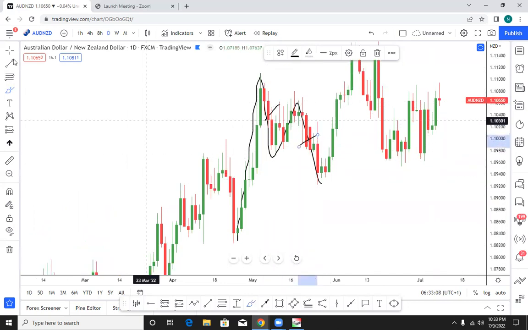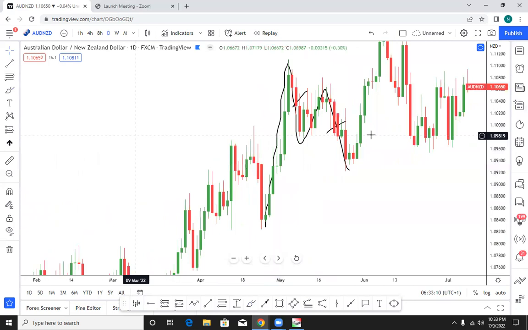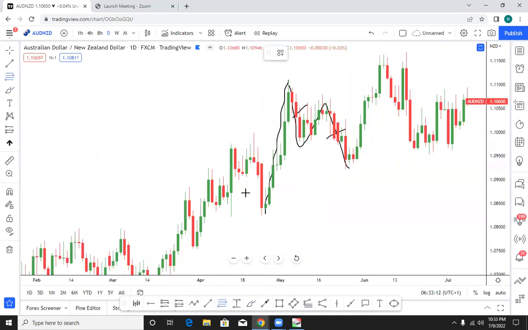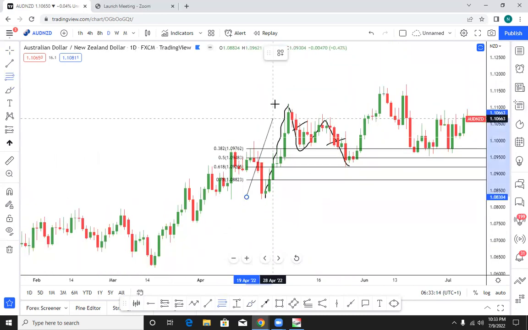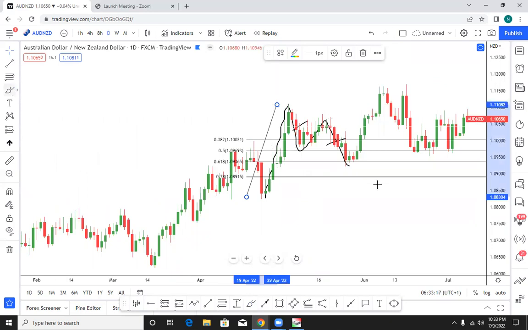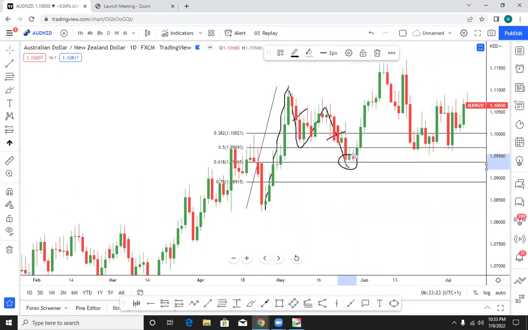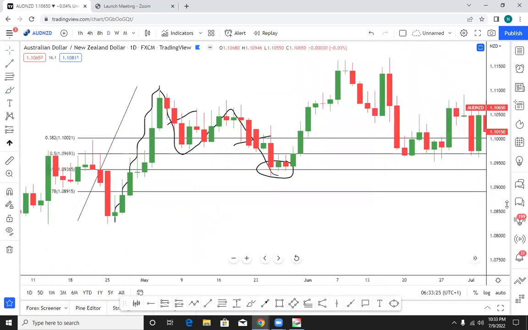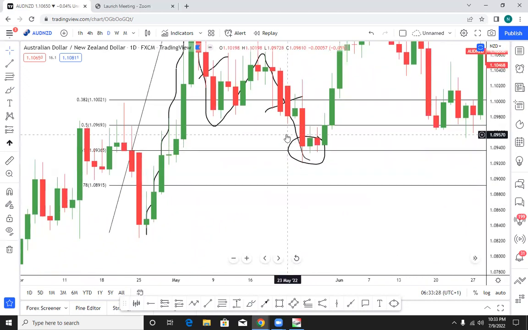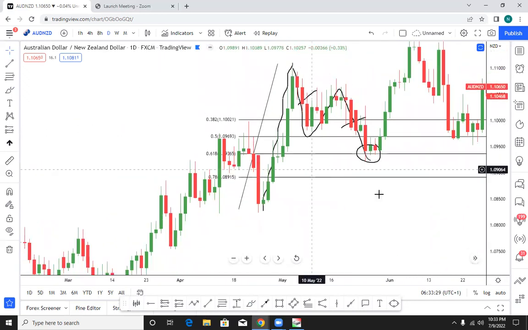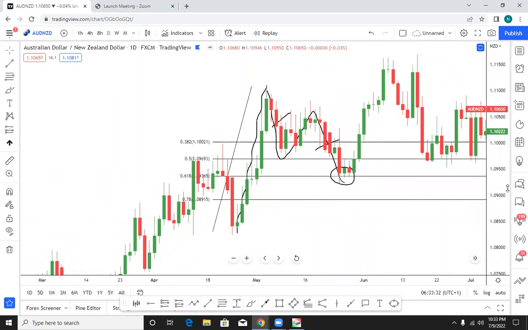All I'm expecting in my daily chart is to take the fib of this impulse. I've already seen that this has hit my level, 50 to 61.8, and the possibility of this structure hitting 78% retracement is there.